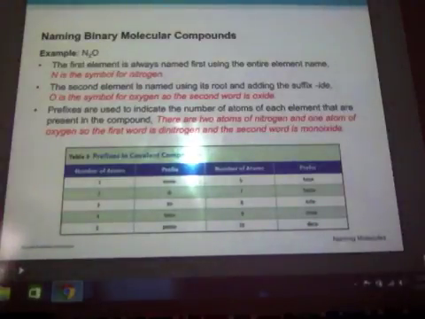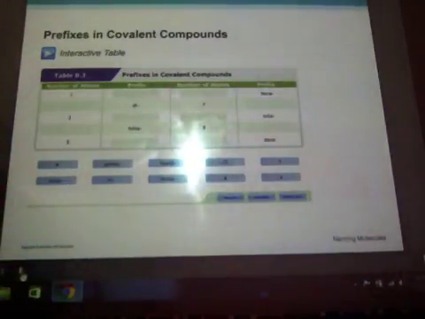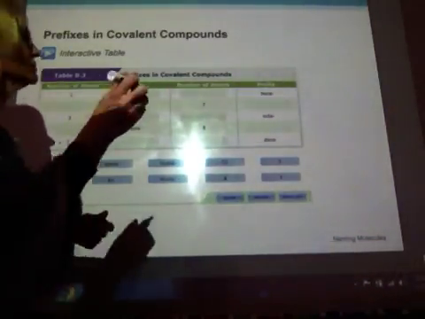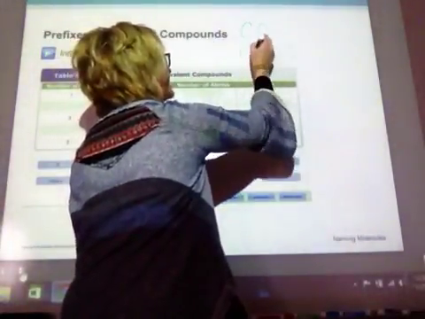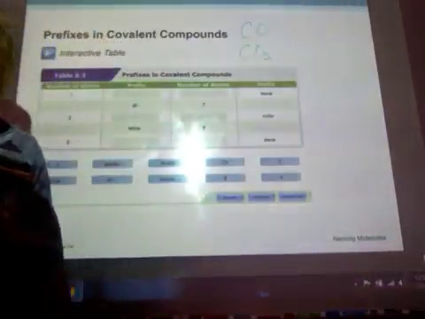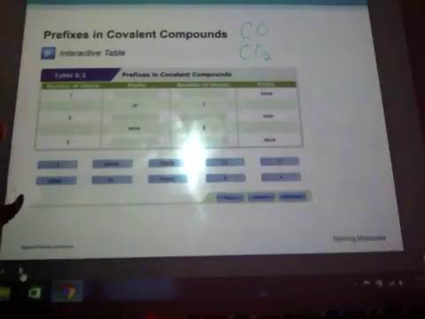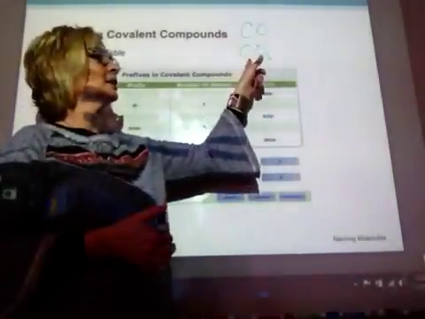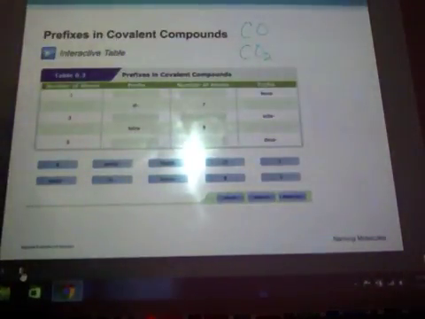As an example, I have CO and CO2, both very common covalent molecules. If I name them the same way we did ionic, I'd have carbon oxide, carbon oxide. They'd have the same name. They are not the same thing.